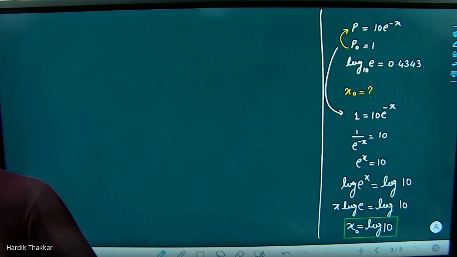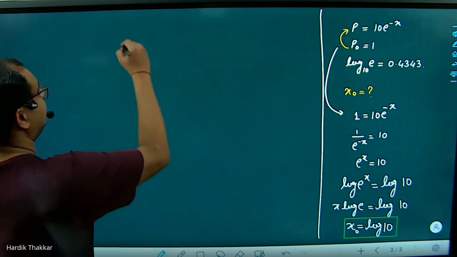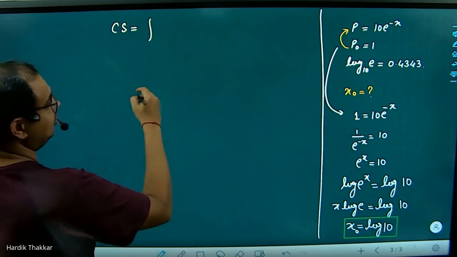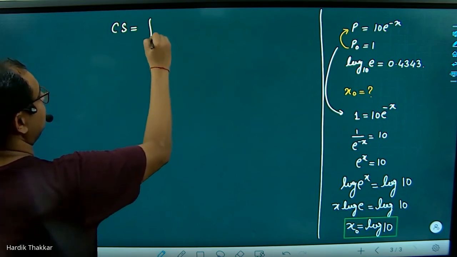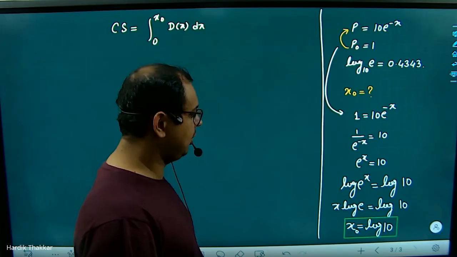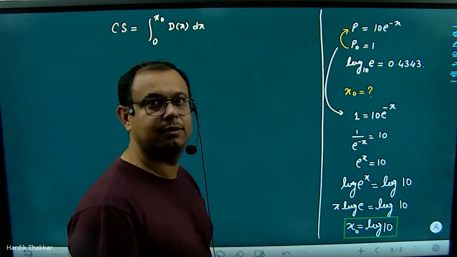Now we have to calculate CS, consumer surplus. So it will be equals to integration 0 to x naught d of x dx. Please re-explain how you have taken x log e directly as x naught. Because log e is 1.